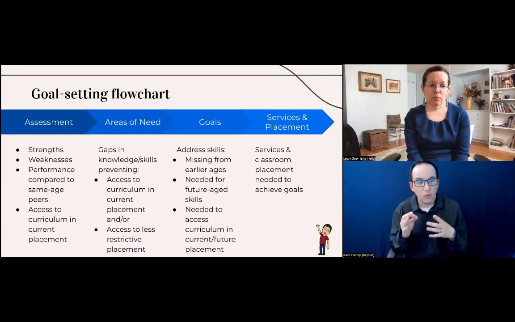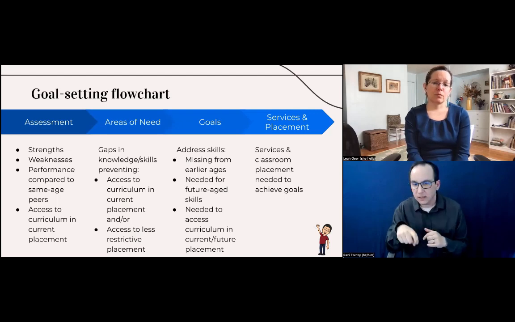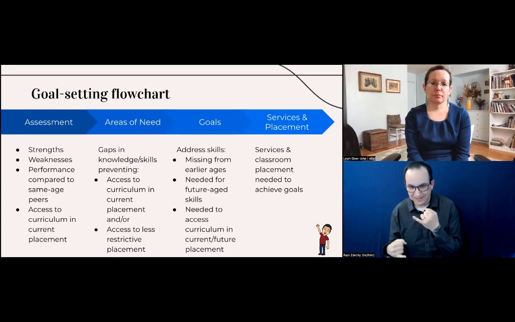And you can think about this in terms of functions. What type of skills does the student currently have, or what will they need if they were to go into a specific placement or use a specific curriculum? Which will lead you to the last part here of services and placement.